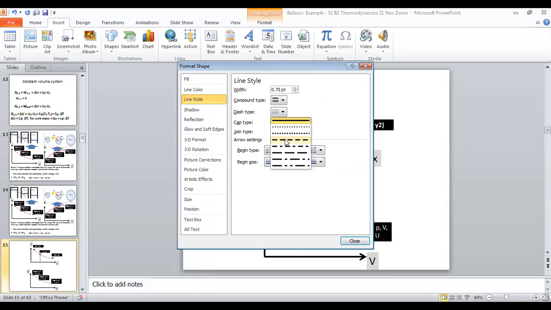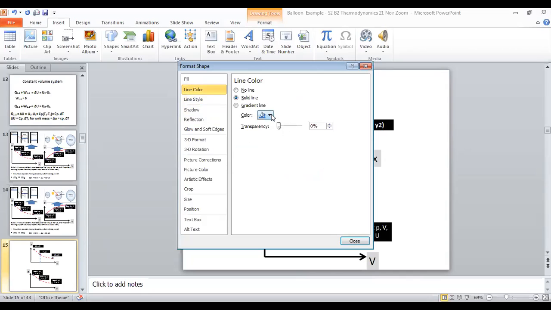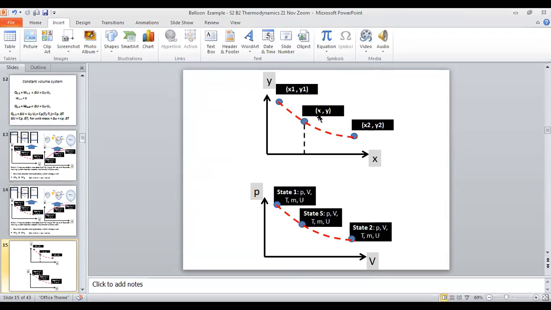Let's see. Let me take a dash line. This projection value is the value x in this xy.